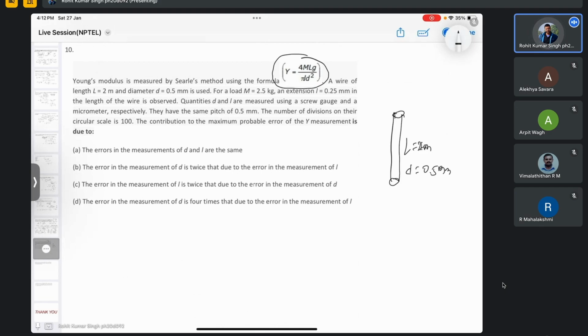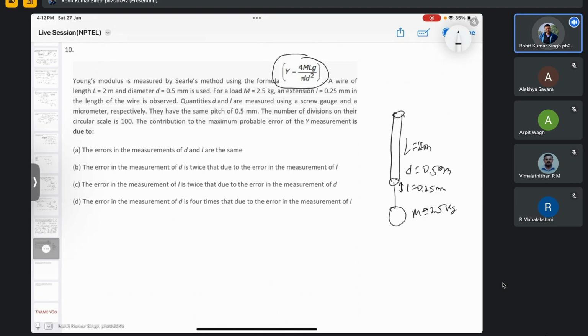For a load, now we are putting a load on this wire like this. Okay, for a load of mass 2.5 kg, when you put a load, this wire will stretch a little. Okay, and this extension is 0.25 mm in the length of the wire.